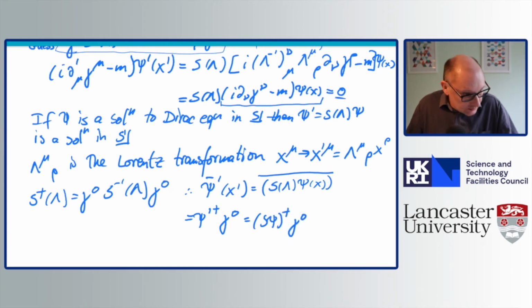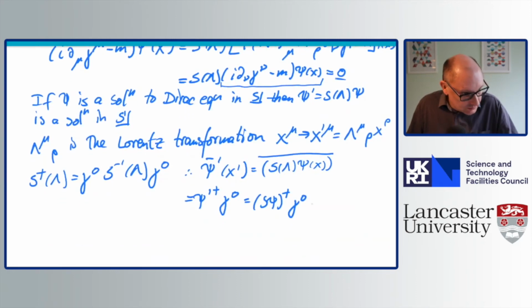And this here, the Hermitian conjugate of two matrices, will be equal to psi Hermitian conjugate, S Hermitian conjugate, and then we still have the gamma naught. But of course, we can insert here two gamma naughts.